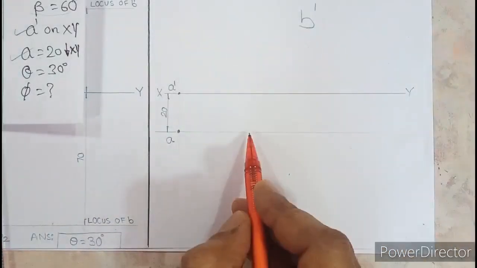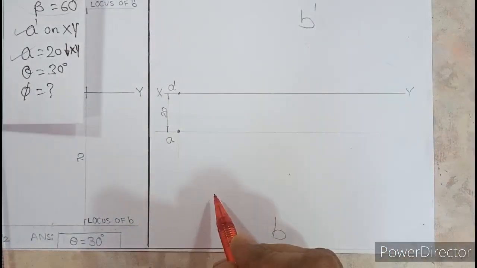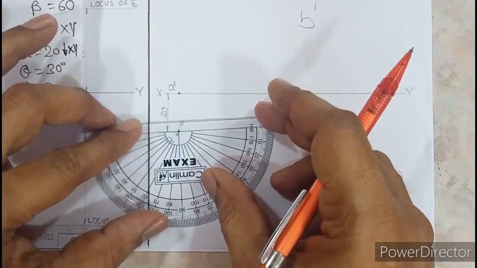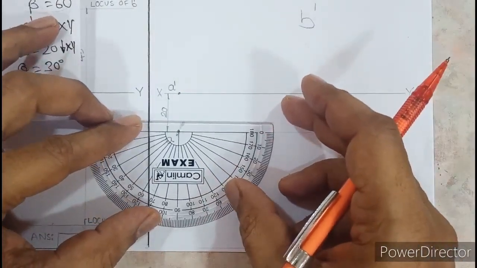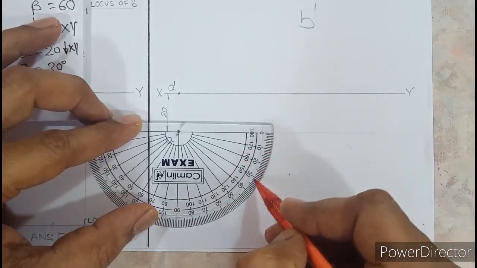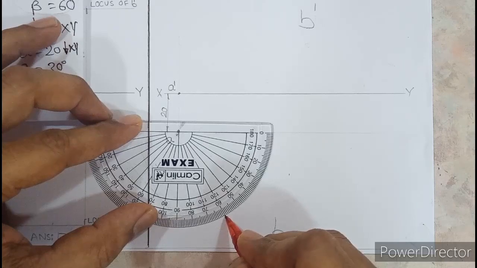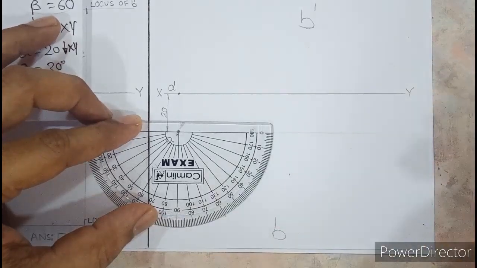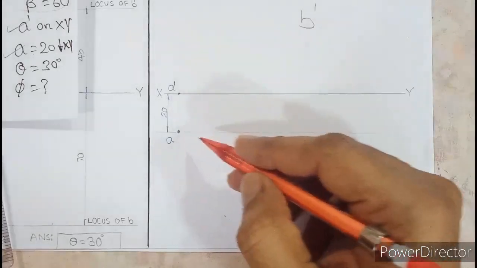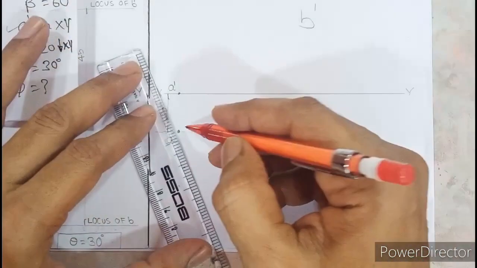Now with respect to this horizontal, I need to come down by 60 degree and then mark 60 millimeter on it. So here I'll keep the protractor, and from here you need to count 10, 20, 30, 40, 50, 60. So 60 degrees here. You need to mark 60 like this. Once 60 is marked, you need to draw a light line. Correct? So first we'll draw a light line.